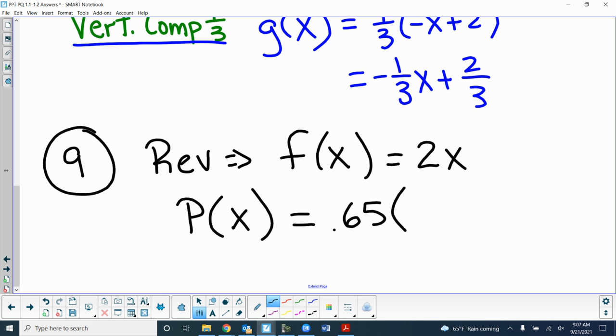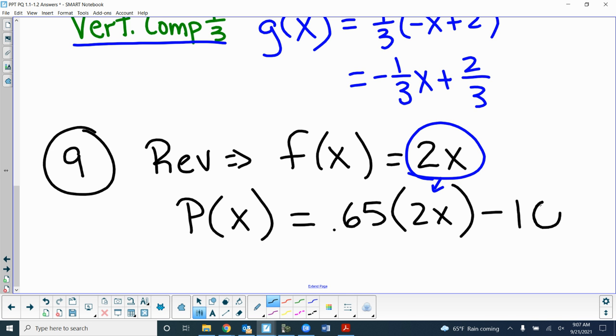Move the decimal point to the left of the revenue. What's our revenue? 2x, right? That's our revenue. And $10 less than that would be minus 10. If it said $10 more than, we do addition, right?